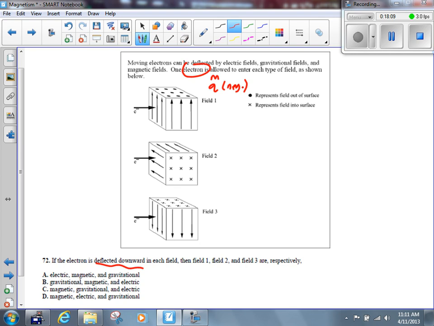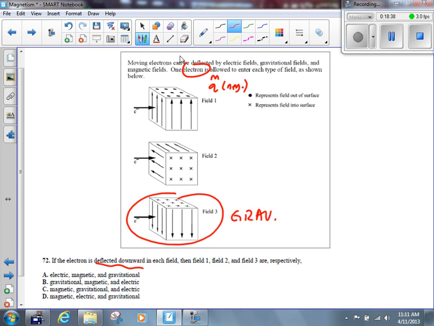So in order to cause a gravitational force on a particle of any type, as long as it has mass, to be downward, we need to have a gravitational field that's downward. So tell me, which field is a gravitational field? Field 1, 2, or 3. If I want the force to be downward, the field has to be downward. That means field 3 is going to be my gravitational field.